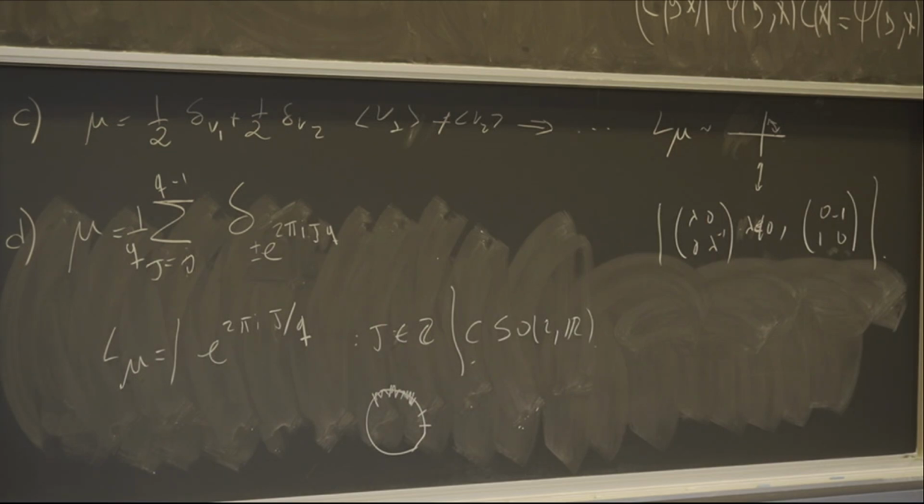So you have finitely many lines, finitely many two-dimensional spaces, finitely many three-dimensional spaces, and so on, which will all be permuted. So this is a second description.